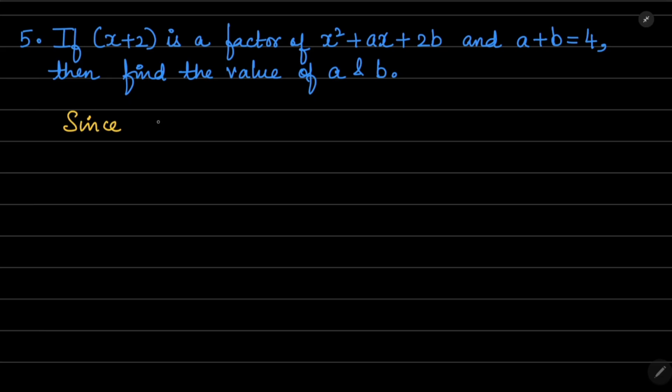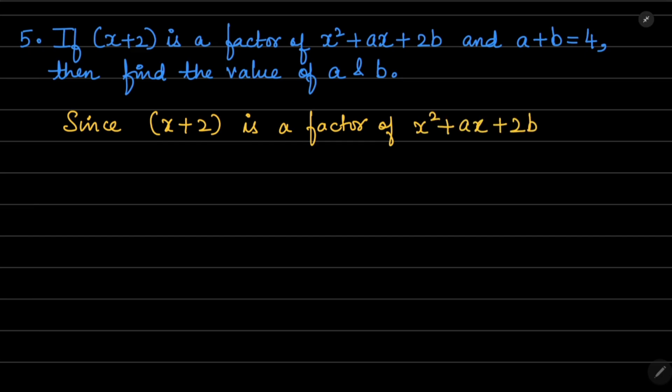Since x plus 2 is a factor of x square plus ax plus 2b, therefore x equal to minus 2 is a 0 of x square plus ax plus 2b.